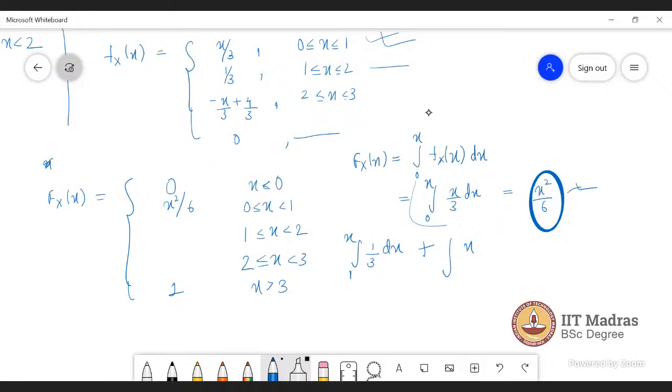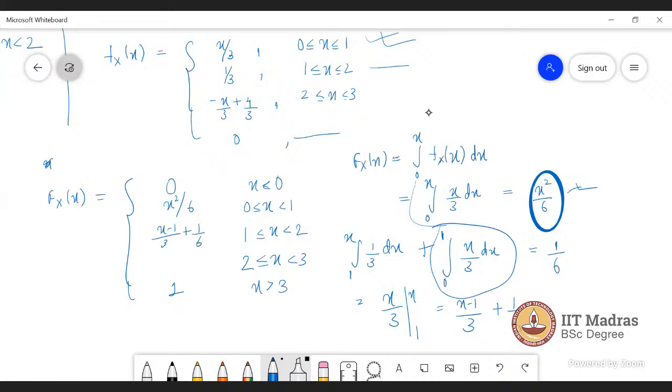For the previous interval 0 to 1, you write x by 3 dx with limit from 0 to 1. This will come out to be 1 upon 6. And if you solve this, you will get x by 3 with limit from 1 to x. So that is x minus 1 by 3 plus 1 upon 6. So for the range lying between 1 to 2, it is x minus 1 by 3 plus 1 by 6.